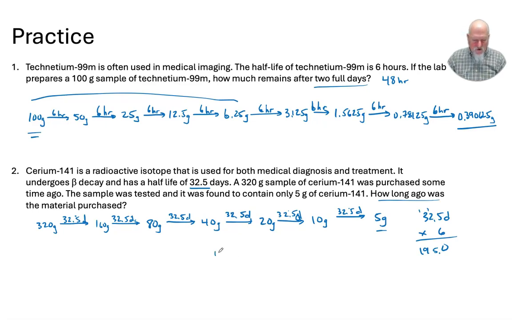So 195 days. So if we started with 320 grams and we only have 5 grams left, we must have gotten that material 195 days ago. Okay, went through 6 half-lives, which means at each step it loses 50% of what it had.